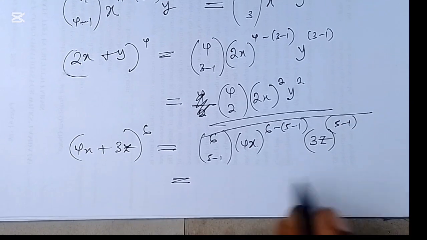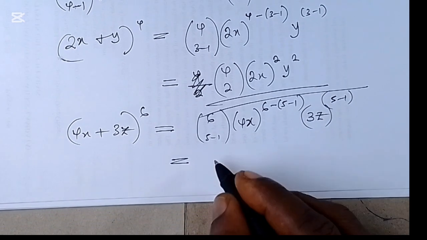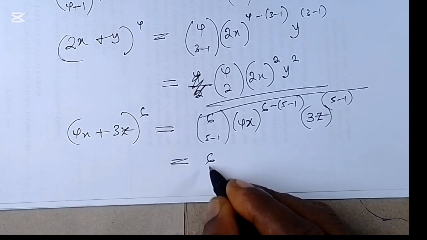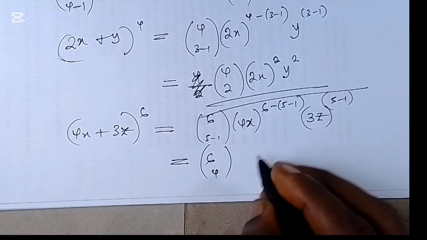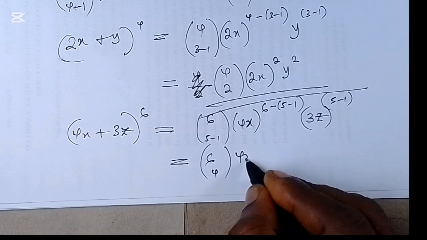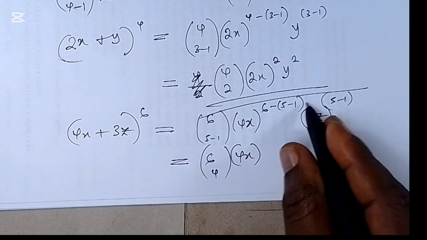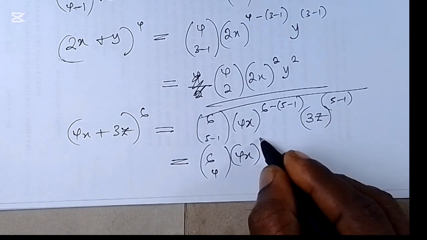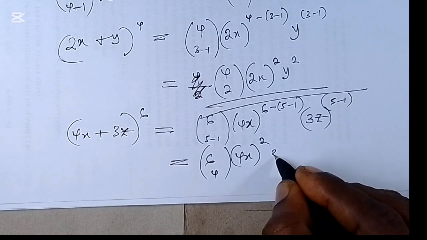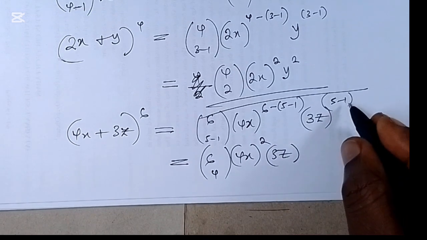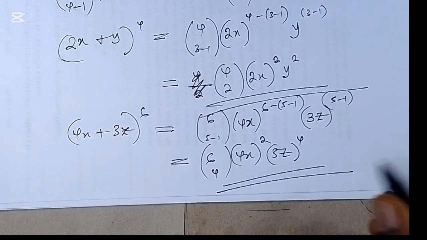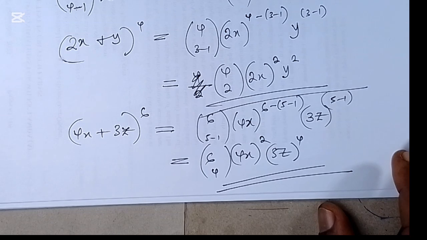So what would you have as your fifth term? It will be 6 combination 4, and this will be 4x raised to the power of 6 minus 4. 6 minus 4 is clearly 2, and this will be 3z raised to the power of 5 minus 1, which is 4. So this will be the fifth term of that expansion.